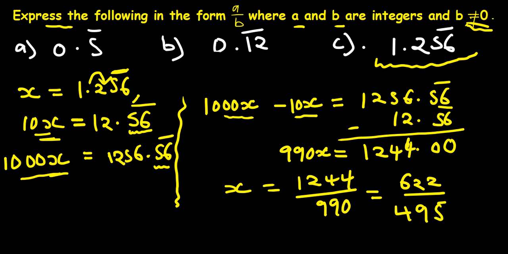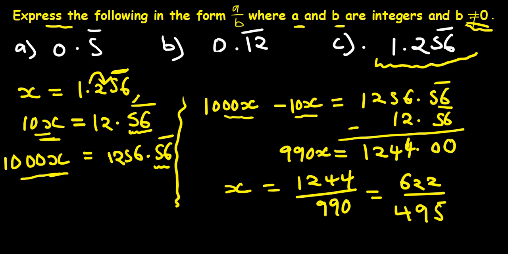So do we have a number that can go into both 622 and 495 without leaving a remainder? Can you think of any number that can go into those two? 5 cannot go into these two, 2 cannot go into these two numbers. Can 3 go into these numbers?